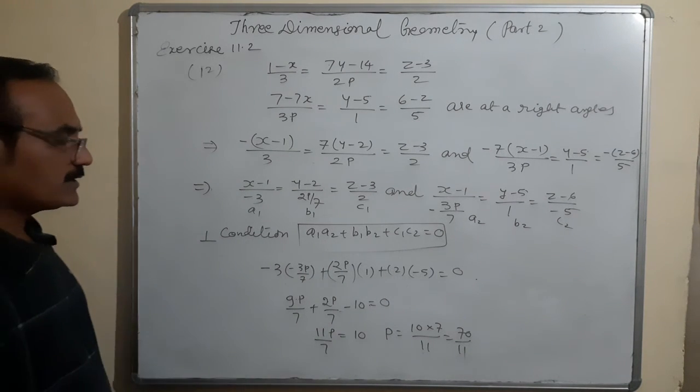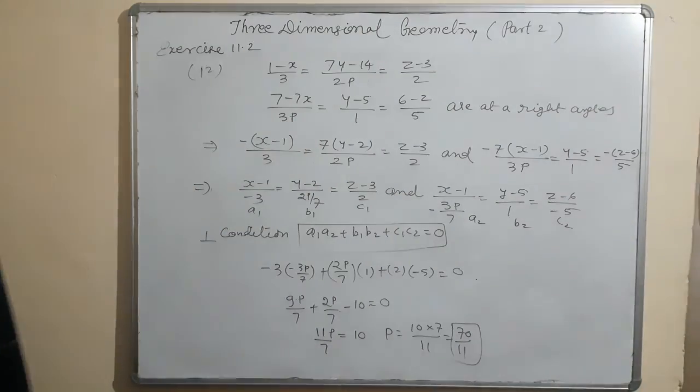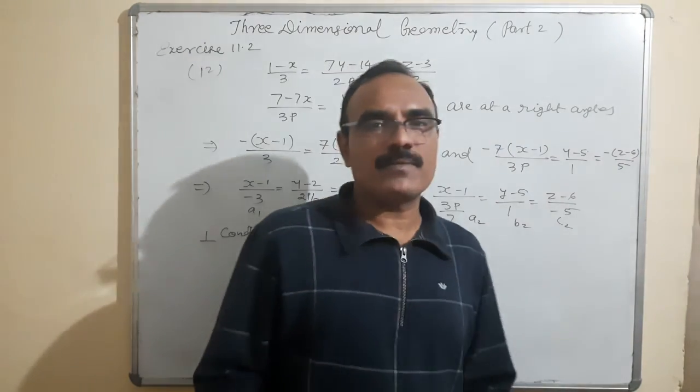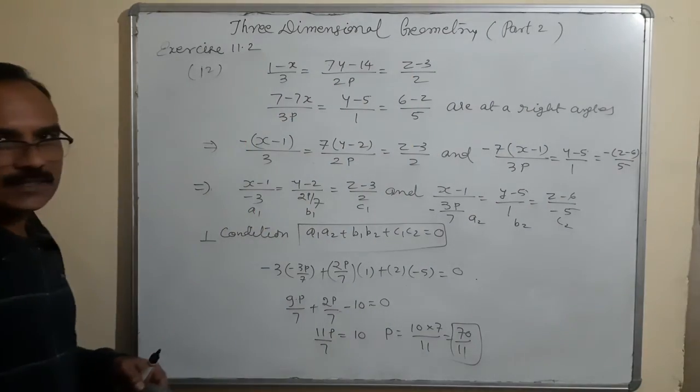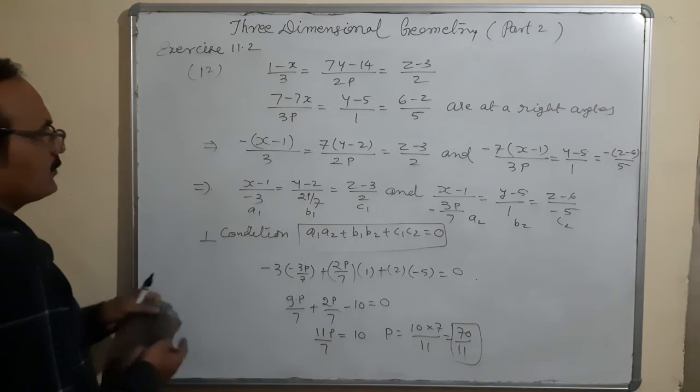Got it? So this is the value of p. Whenever you see a question, check whether it is in the standard form or not. If it is not in the standard form, first convert it to the standard form, and only then can you put the formula.